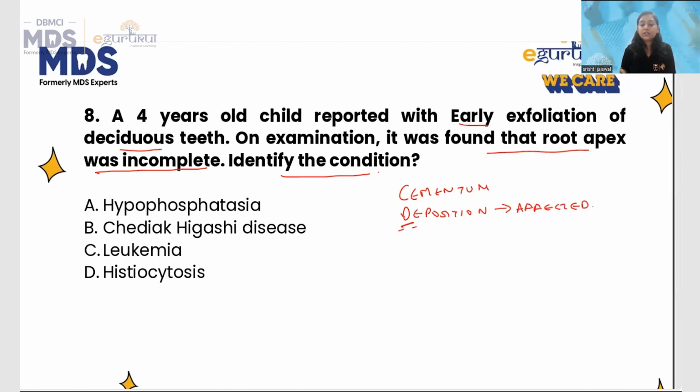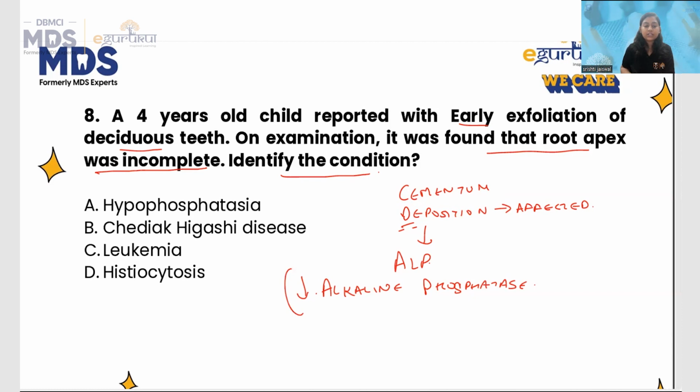So, which enzyme level will get affected in this? It is ALP, that is alkaline phosphatase. So if we have a reduced level of alkaline phosphatase, our cementum will not be formed, leading to the early exfoliation of the teeth.